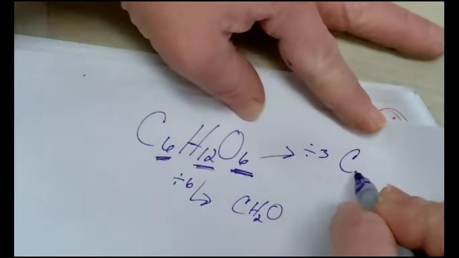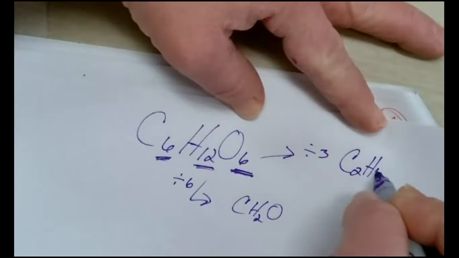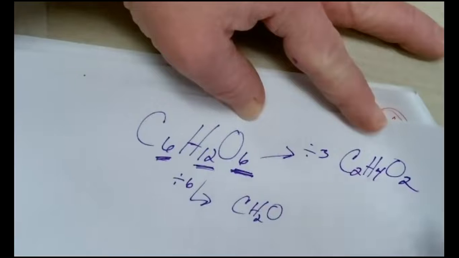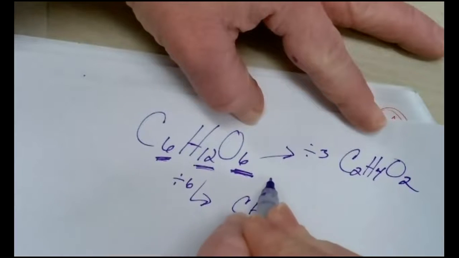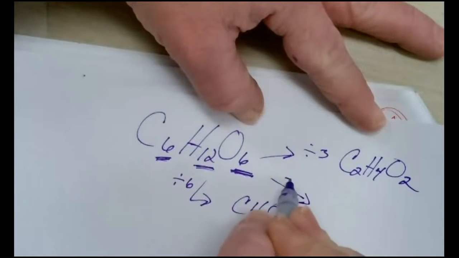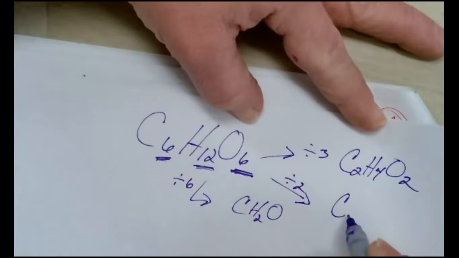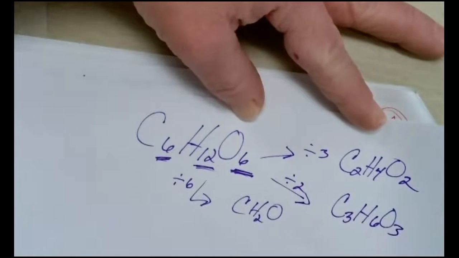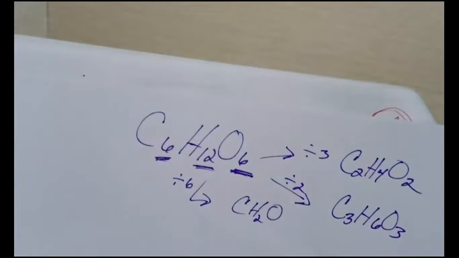And then we'll get C2H4O2. How about 2? And then we'll get C3H6O3. So there are multiple ways that we could have simplified or reduced.